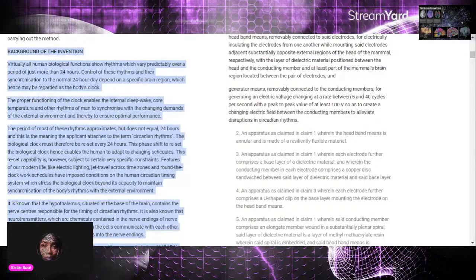The proper functioning of the clock enables the internal sleep-wake, core temperature rhythm of man to synchronize with the changing demands of the external environment, and thereby to ensure optimal performance.